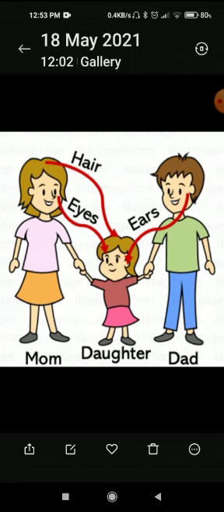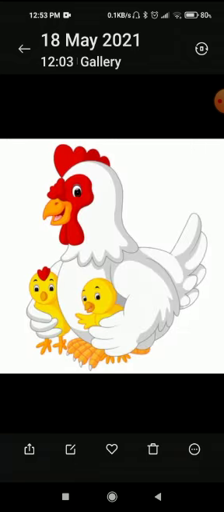Now see, this is the picture of a mother and father with their young daughter. See, the young daughter's ears are similar to her father's. Her eyes are similar to her mother's. Side by side, her ears are similar to her mother's. So this is called heredity.